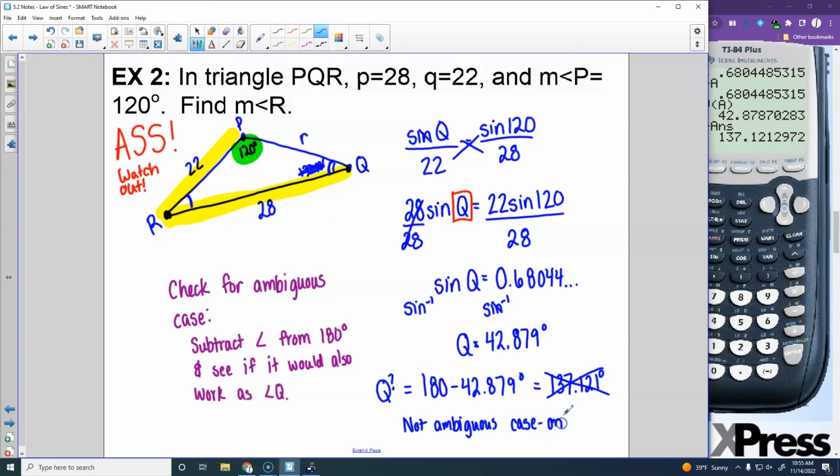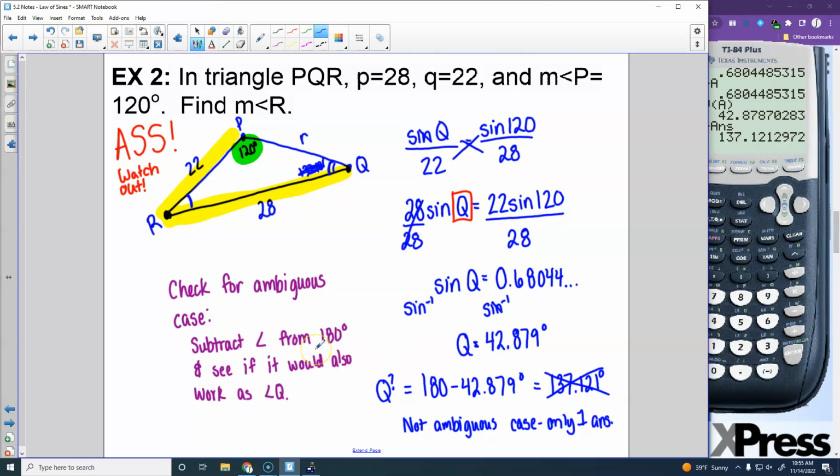Only one answer. Right? So even though there was potential for it to be an ambiguous case, for there to be actually 2 triangles that would work here, it's not. It's just one answer. The only thing you can have for Q is 42.879.